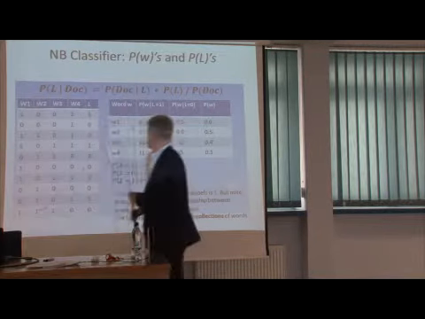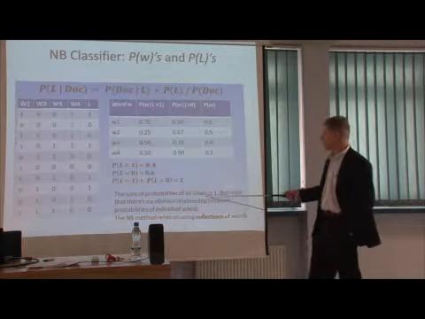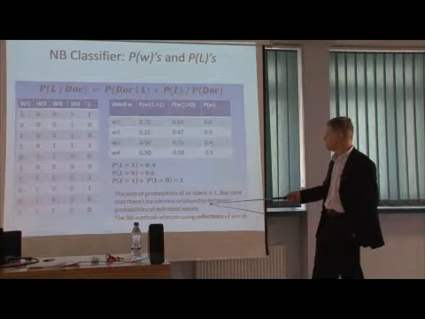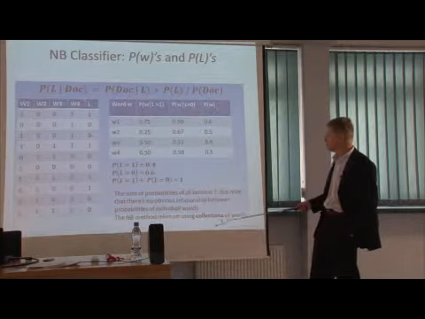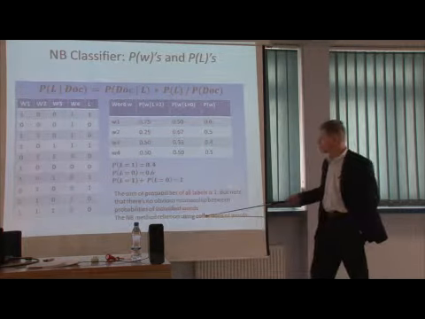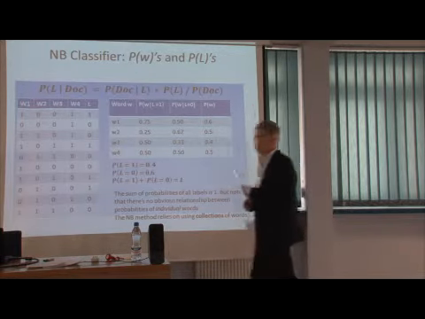All right, so this slide answers this question. The sum of probabilities for all labels is 1, but there is no obvious relationship between probabilities of individual words. And the naive Bayes method relies on using a collection of words to distinguish between classes.